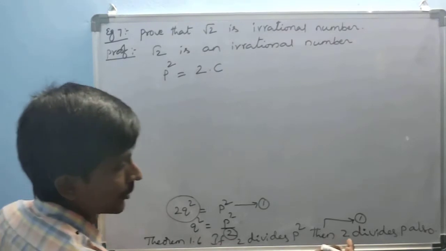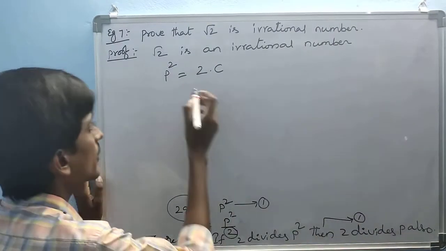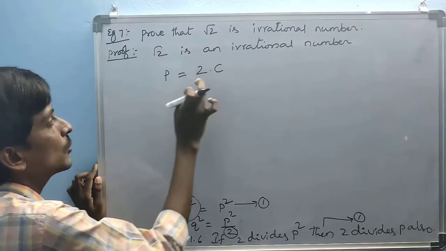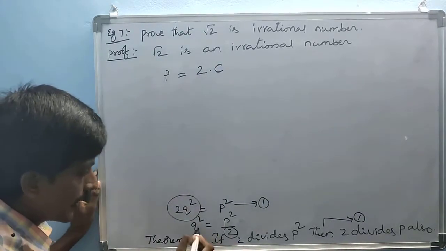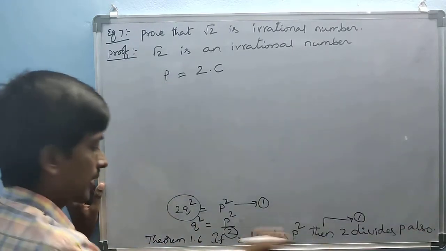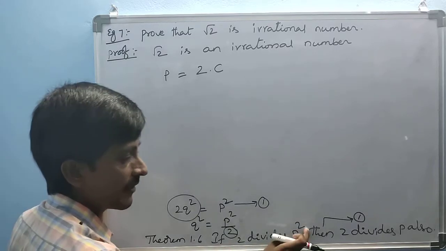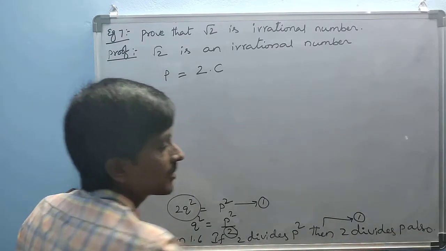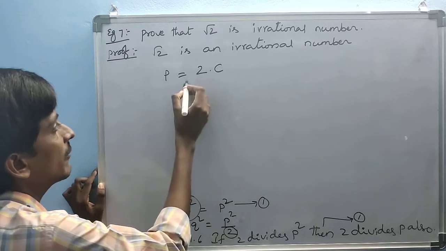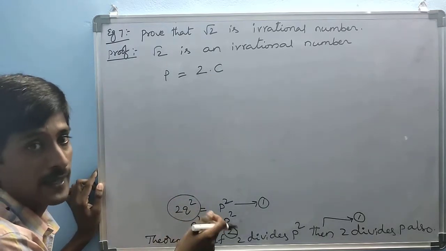According to this, 2 divides p also. So p equals 2 into something. Here 2 divides p also is given. Already according to theorem number 1.6, if 2 divides p square, then 2 divides p also. So p equals 2 into something.